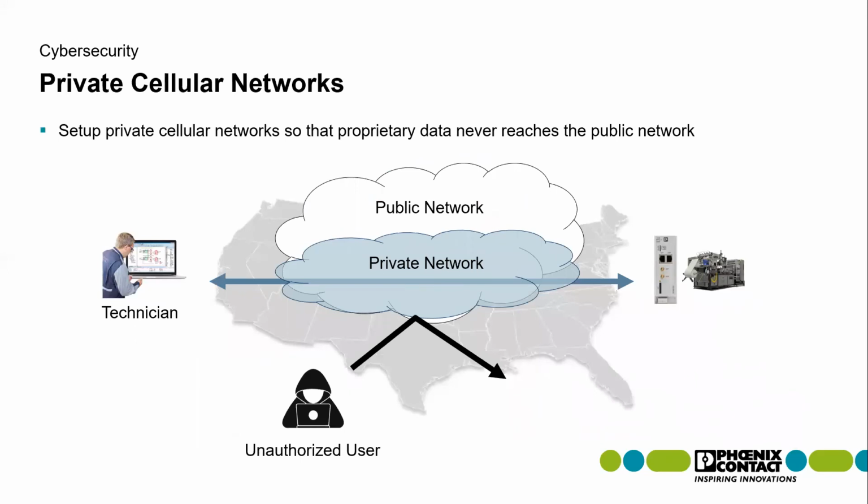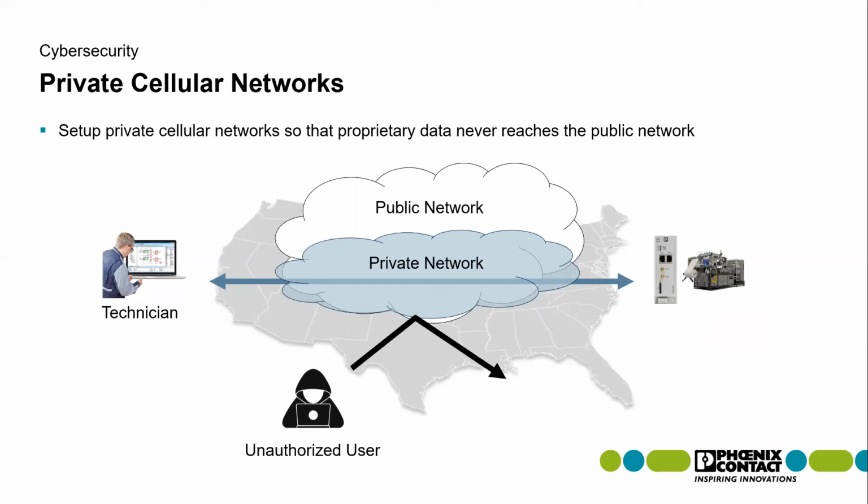And then finally, I talked about it a little bit earlier when I mentioned 5G, but using private cellular networks is a really good best practice for securing a cellular network. The network operators, Verizon and AT&T, have put a lot of investment into this recently, and they make it pretty easy to set these up. You get your own dedicated cellular network.